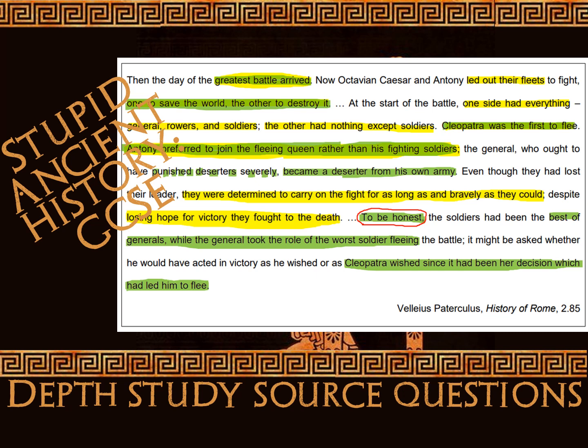They've caused this conflict, they've led to this war, but now they're having none of it, and they're off. And just in case the source wasn't really obvious enough, the very last line blames Cleopatra. It says, Cleopatra wished, since it was her decision which had led him to flee. So he's calling Antony a coward, but he's also saying, look, it's Cleopatra's fault.